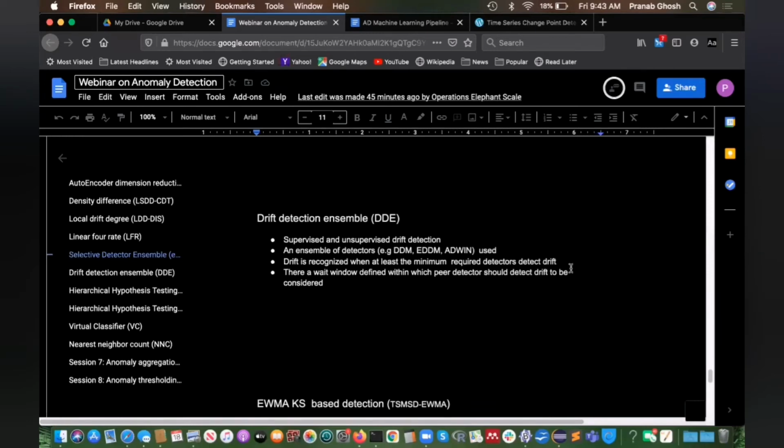So one algorithm might detect a drift at time t1, another one might detect a drift at t2. So how do you build consensus when it's not happening exactly at the same time? So for that, they define a small window. So within that small window, if there is consensus, then there is drift.